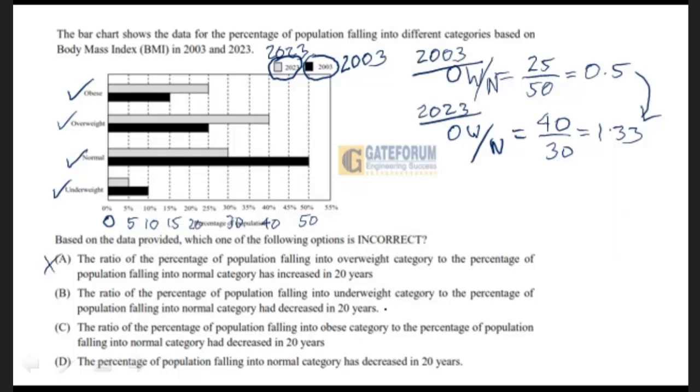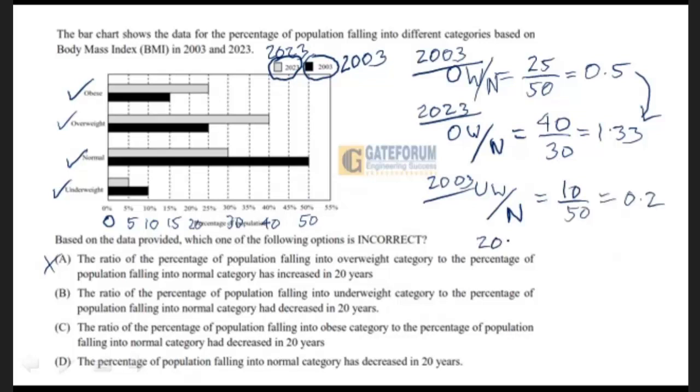Let us calculate the next, the ratio of the percentage of population falling into the underweight category to the percentage in the normal category. First in 2003, underweight to normal. Underweight is this one, 10 divided by 50, so that is 0.2.